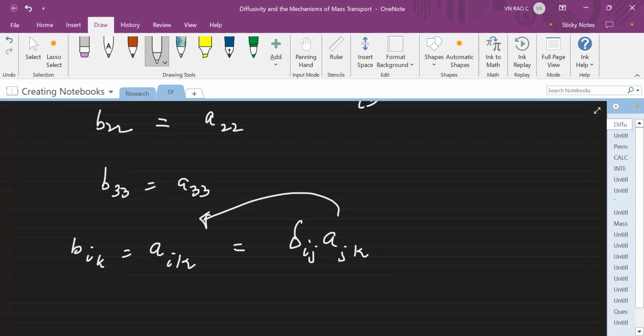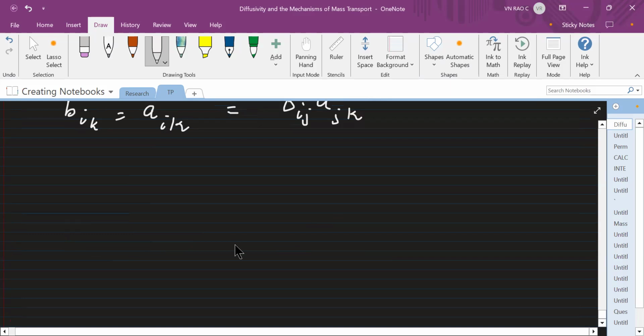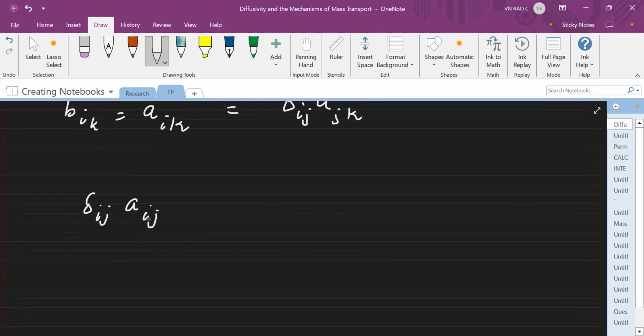So similar to this, we can actually try others also. So we'll take a similar simple one, delta ij aij. So what could this be? If you can just tell me what this could be, I would be happy.